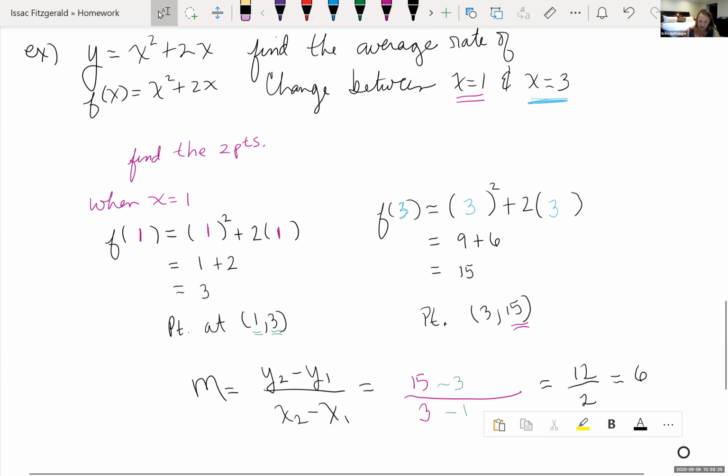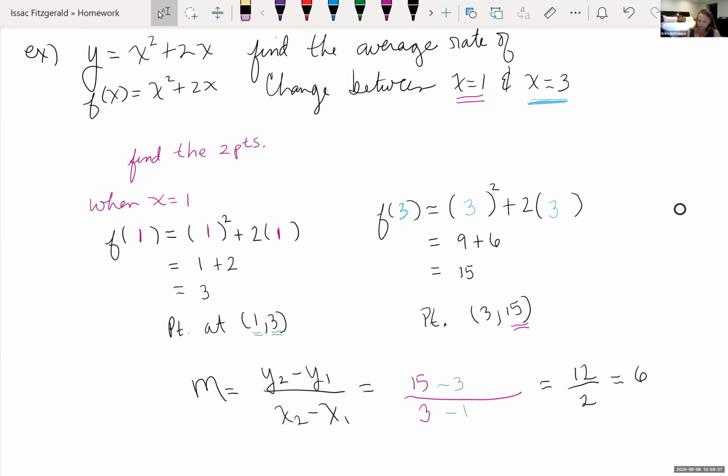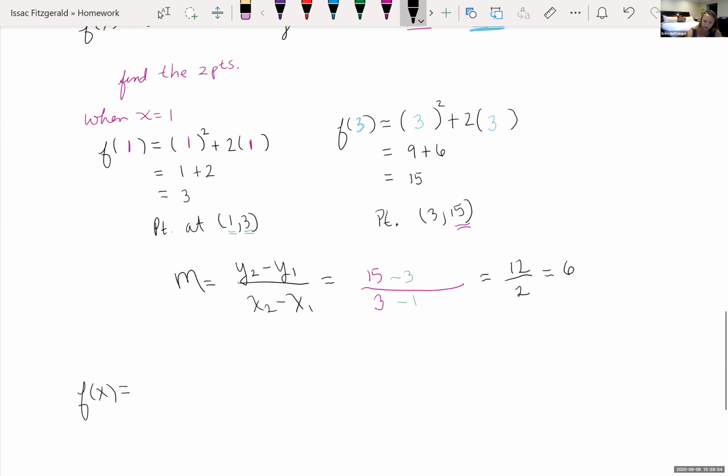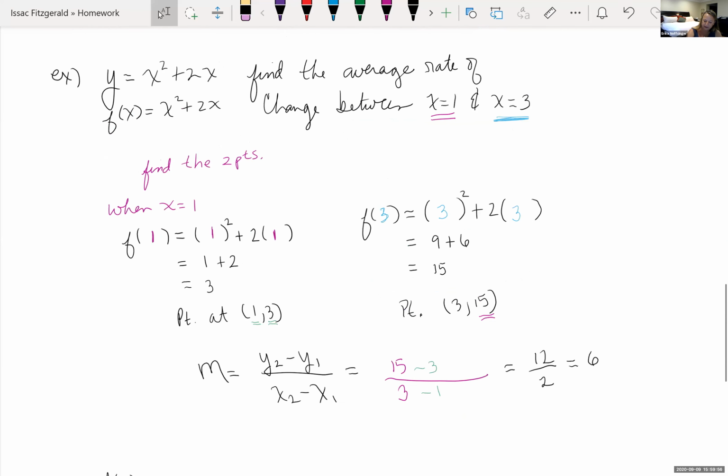Let me just think about that graph for a second. I noticed that x squared plus 2x gives us a parabola. I know that my parabola has to be facing up because the coefficient in front of the x squared is positive. Let me look at f of x for a second so I can show you what we just did. I also noticed that I can factor this function.